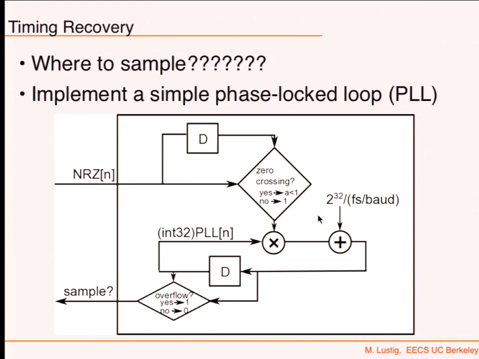Just nudge it a little bit. If it's not synced, it's going to nudge it, and the next time there's a 0 crossing, it's going to nudge it again, till they fit. When they fit, you don't nudge it anymore. Multiplying by an A of 0 times 0 does nothing. So that's a really nice idea, I thought.